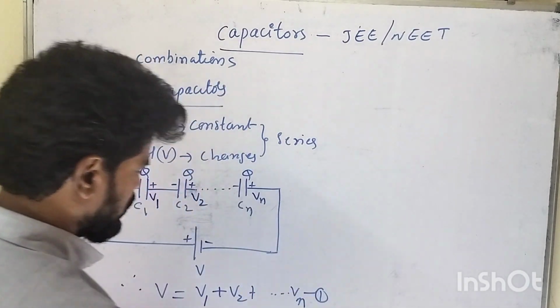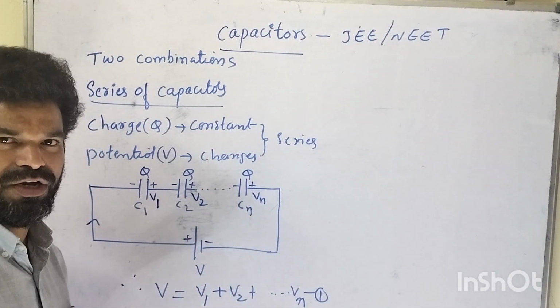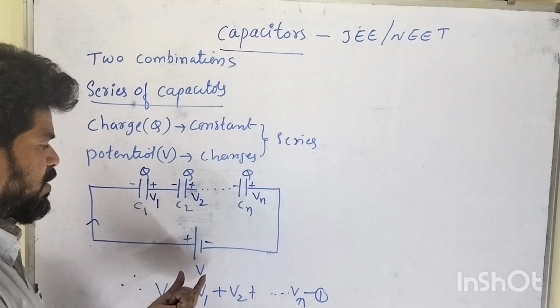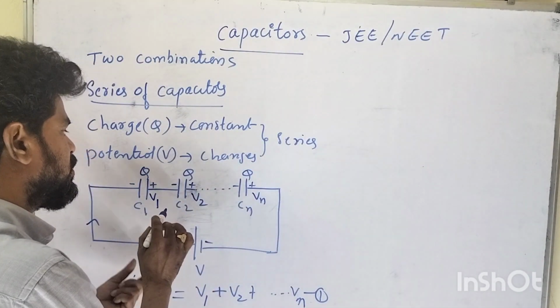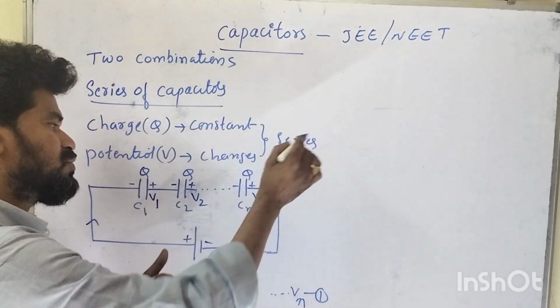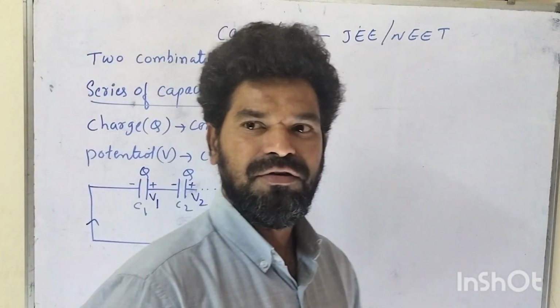This is equation 1. The sum of all the potentials equals the net potential. For example, if I take 100, it is divided across the circuit; the sum of V1, V2, V3 and so on up to Vn must equal the net potential V.